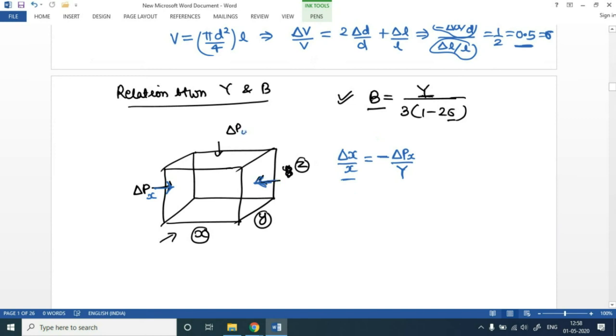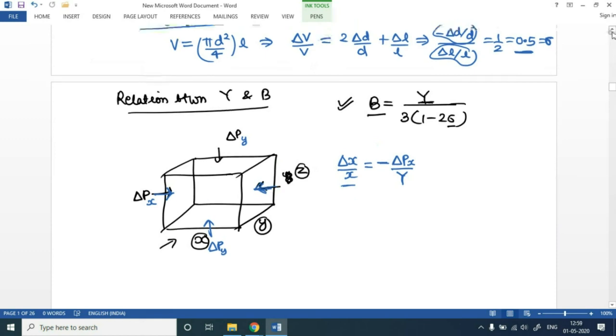Now this is delta Py simultaneously. If we press this side, top and bottom, the longitudinal direction would be along the z axis, and with respect to that, the x axis would be the lateral direction.